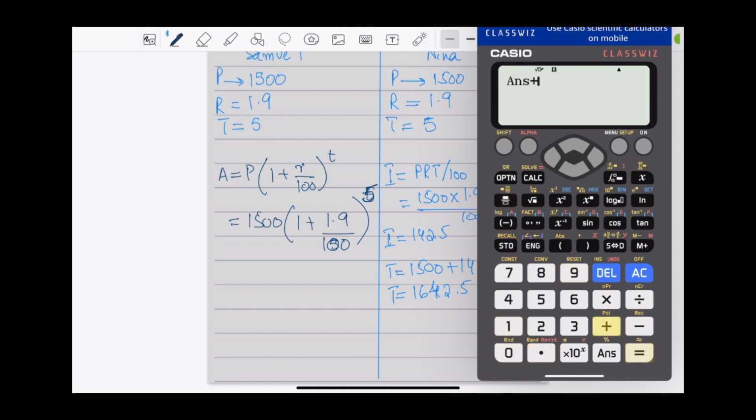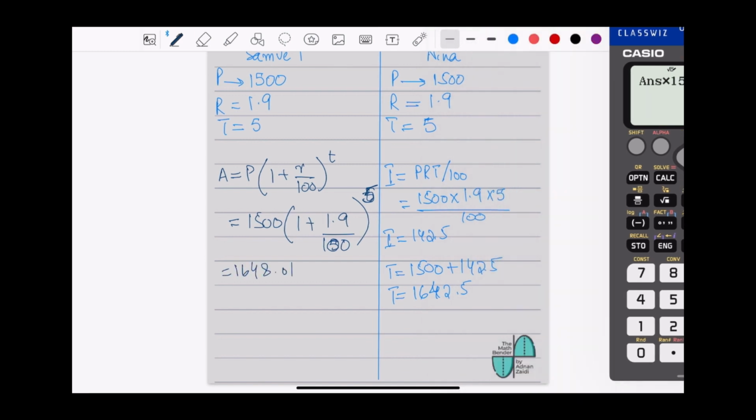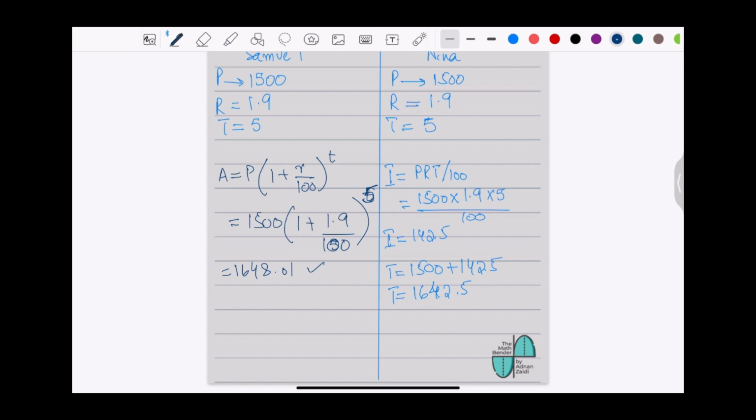Adding 1 to it, and then the whole power becomes 5 times 1500. So it's going to be 1648.01. Note that this formula does not give you the interest alone. It gives you the interest added with the initial principal value.